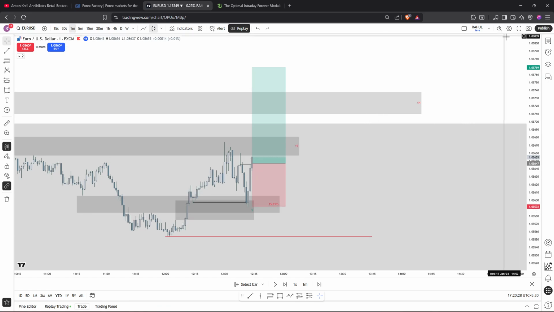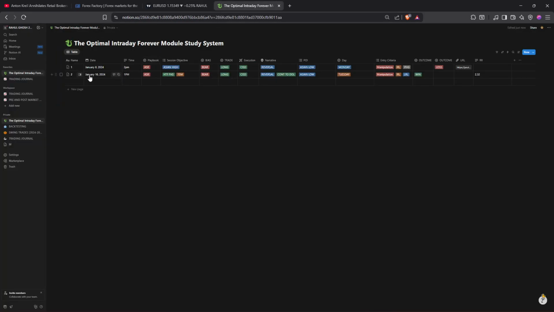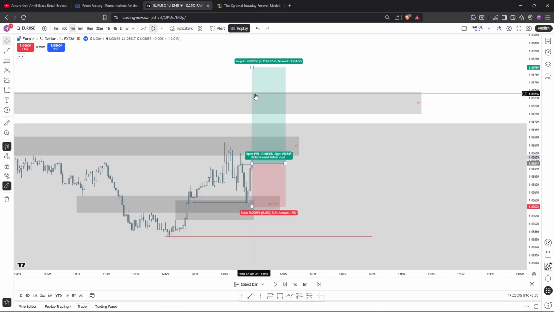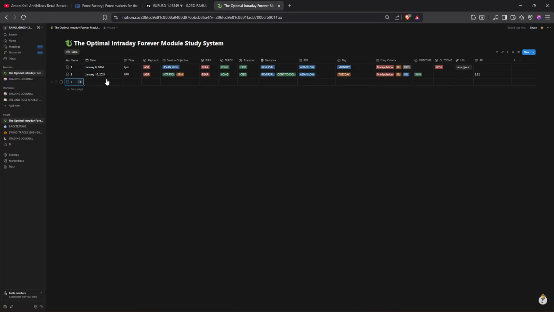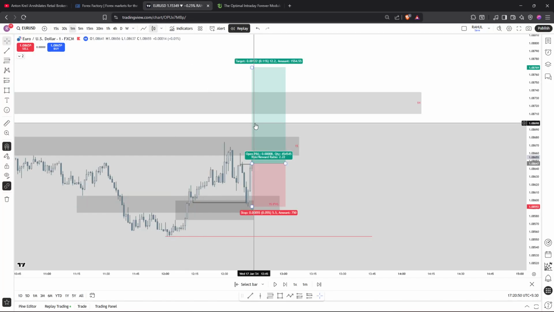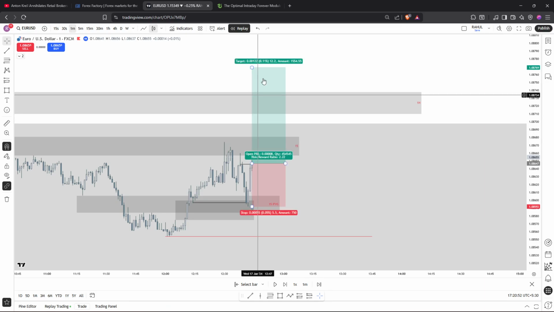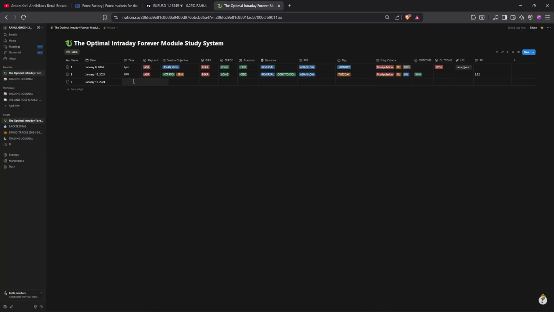Take a quick screenshot of the trade. 12:44 to 12:46.